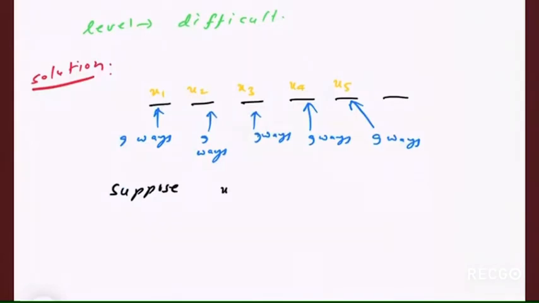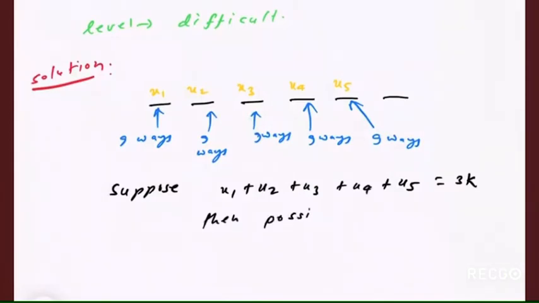Either the sum of these five digits is a multiple of 3. In that case, the sixth digit must also be a multiple of 3, so that the overall sum of the six digits would be a multiple of 3. Then the possible value of x6, let's say the sixth digit is x6, can be either 3 or 6 or 9.